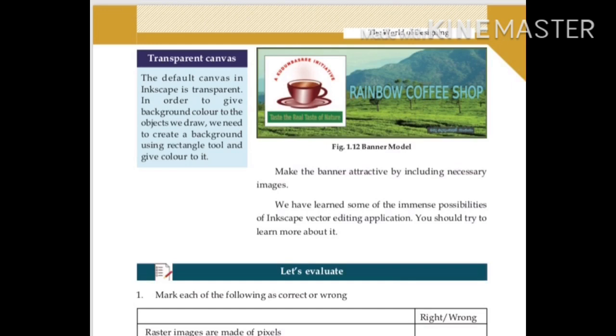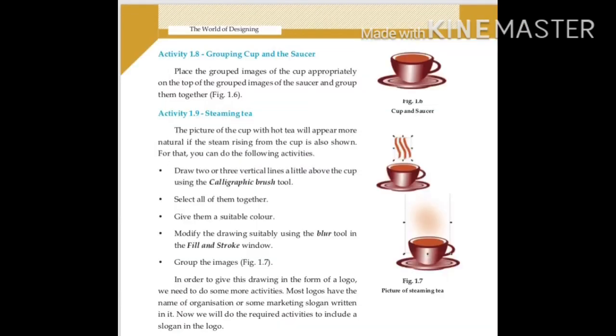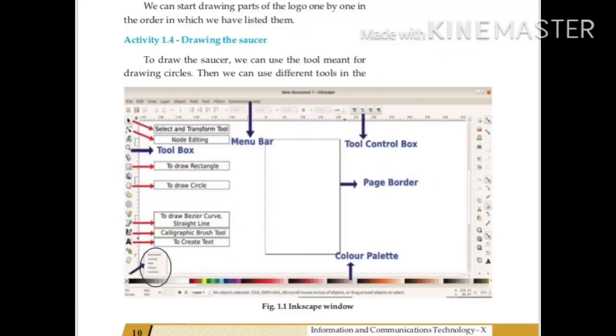So we have to prepare it. First we have to prepare a cup and saucer. So today we are going to design a cup and saucer. For this we are using the application Inkscape.